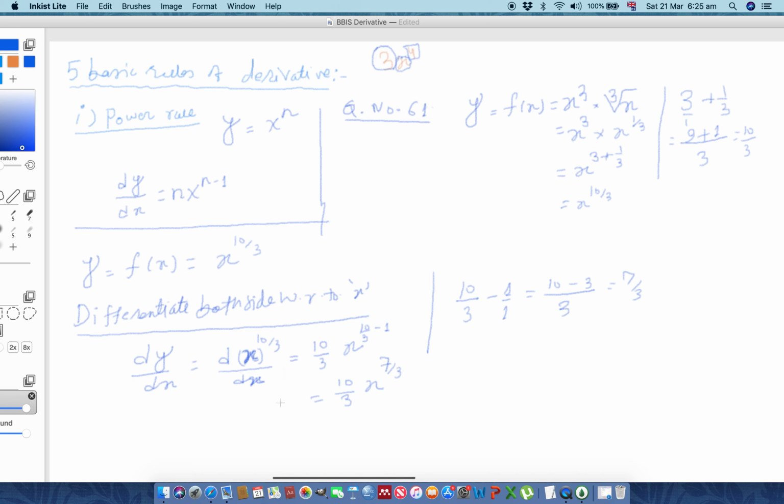This is the answer, or the derivative of x to the power 10 over 3 is 10 over 3 x to the power 7 over 3. We can also write it as f prime of x. In this way we use the power rule.